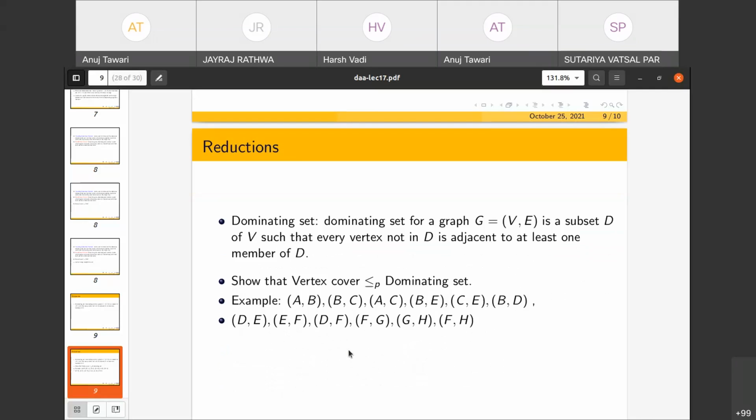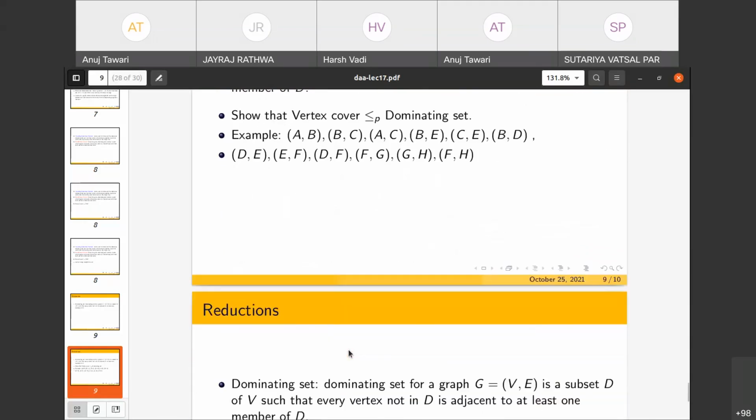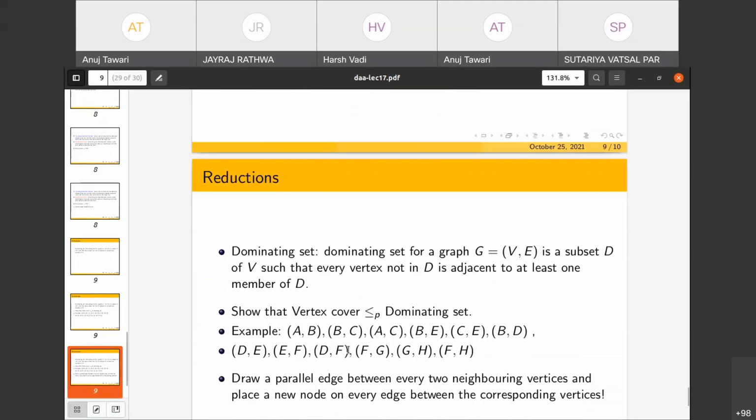Okay, this is a slightly more difficult reduction. Yeah, let's see how to do it. So we can draw a parallel edge between every two neighboring vertices. So initially there was only one edge between these vertices, let's say A to B. We draw another parallel edge, and on the original edge, we place a new node on every edge.